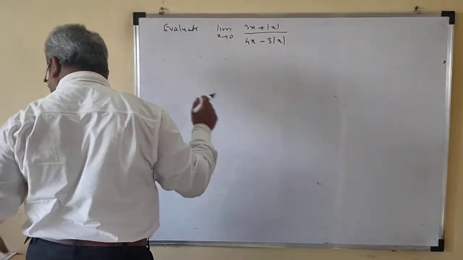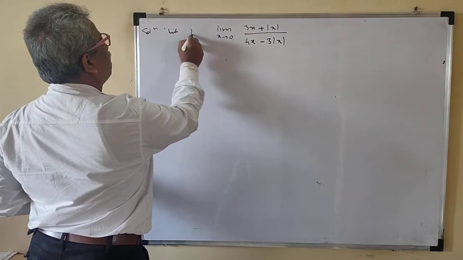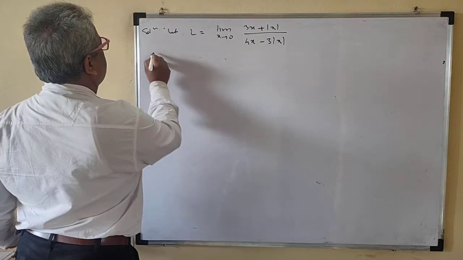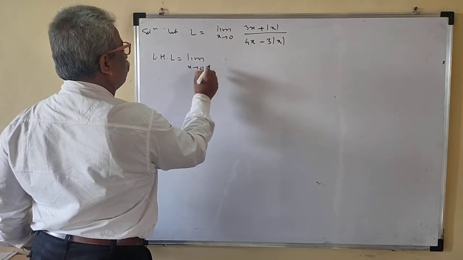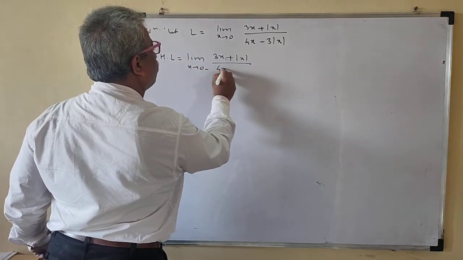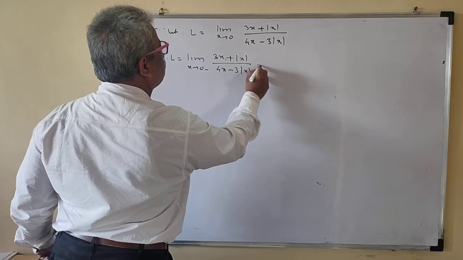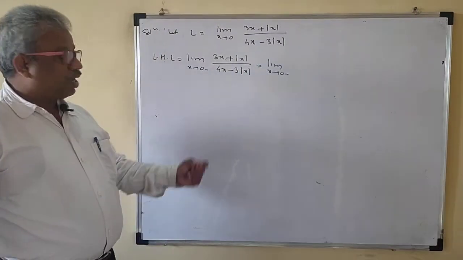Okay, solution. Left hand limit now: limit x tends to 0 minus, (3x plus mod x) upon (4x minus 3 mod x). Now your mod x is minus x.